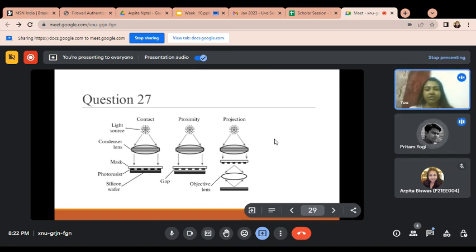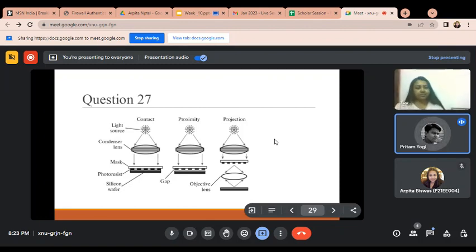And what is the difference between the contact and projection printing lithography process? Contact and projection. Yes. In projection we put the mask and the wafer apart from each other, at some distance, and we use some lens to project that properly on that wafer to remove the error that comes due to that gap.